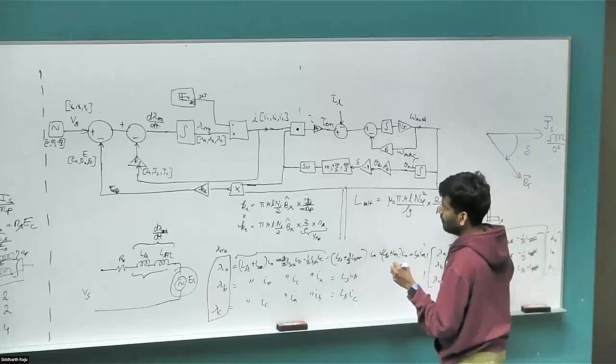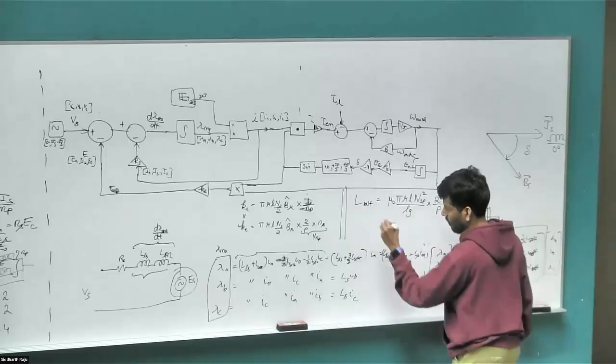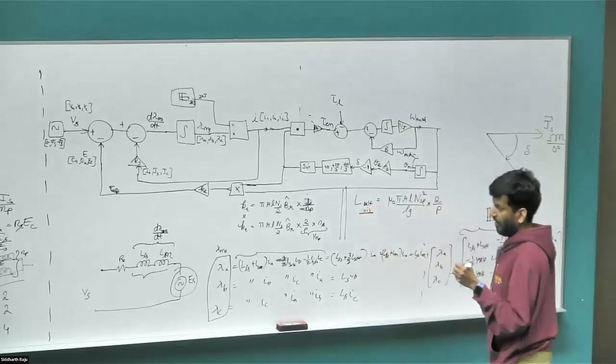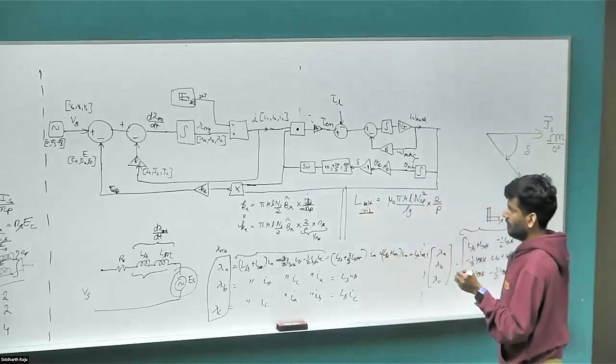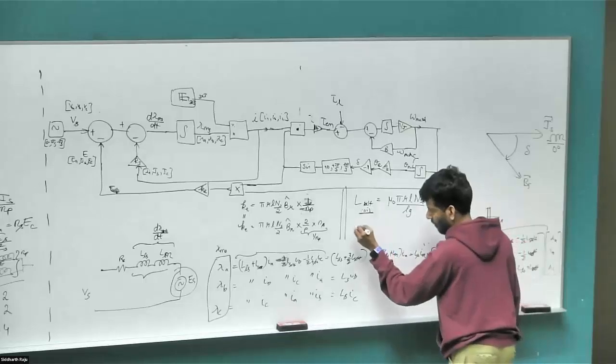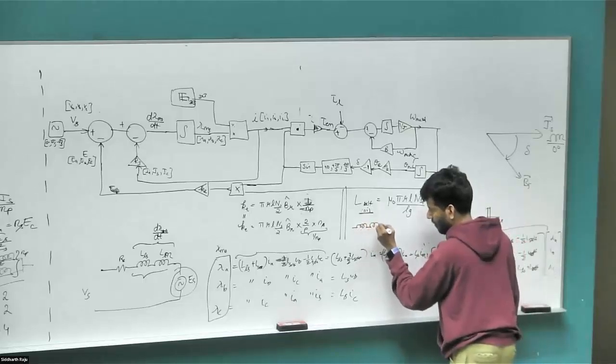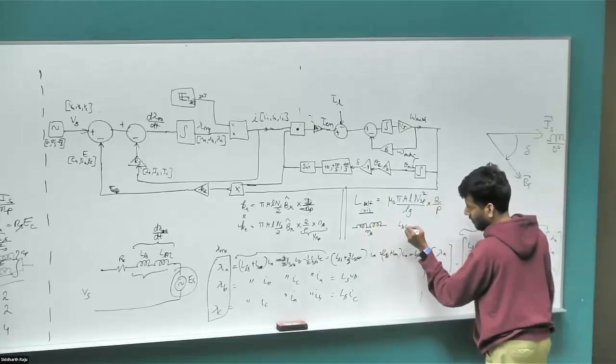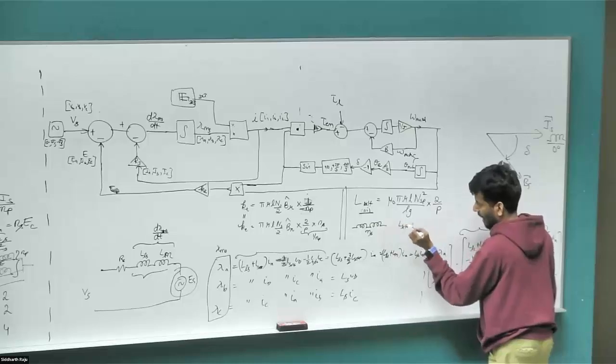Now this inductance is the inductance of a coil of a single pole pair. If we connect those coils up in series, if the number of series connected coils is NS, then the net self-inductance is going to add up.